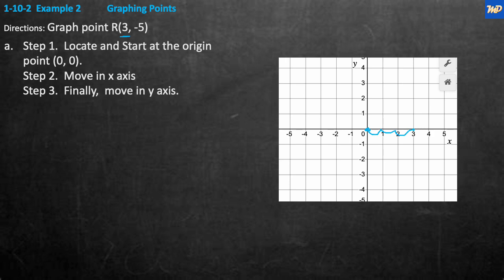So we're going to go negative 5. It's going to be 1, 2, 3, 4, and it almost didn't make it on the paper. So if I find these 2 points, right here is going to be the point R, 3, comma, minus 5.